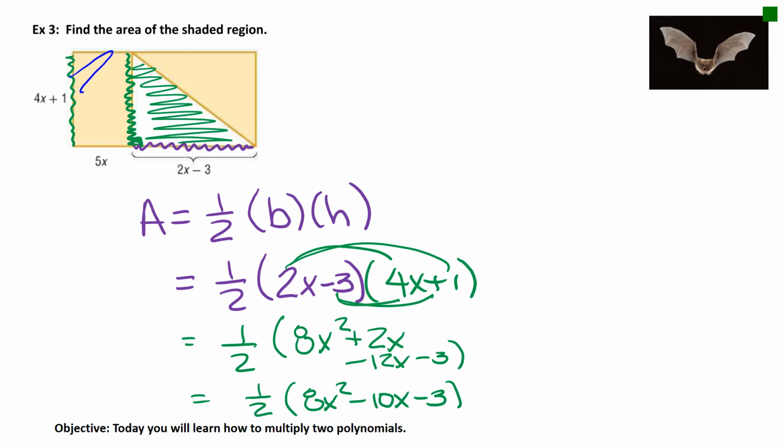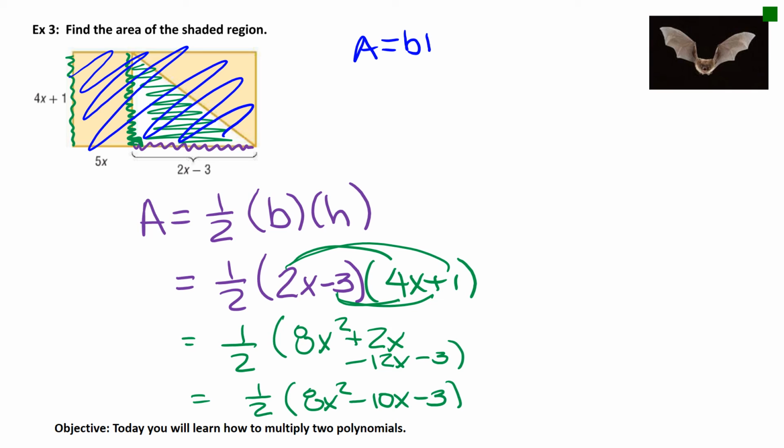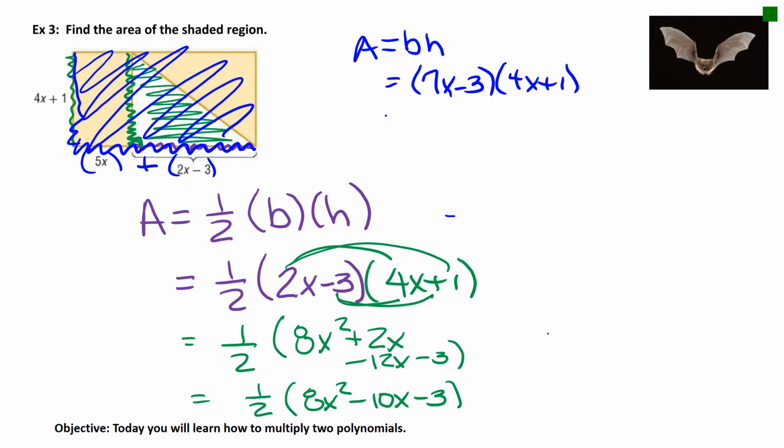Now I'm going to do the area of the entire rectangle. The entire rectangle is base times height. The base is this whole thing. So the base is 5x plus 2x minus 3. So that's a total of 7x minus 3 times, here's our height again, 4x plus 1.